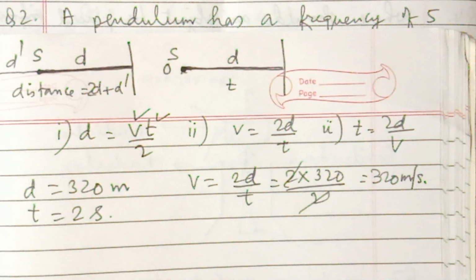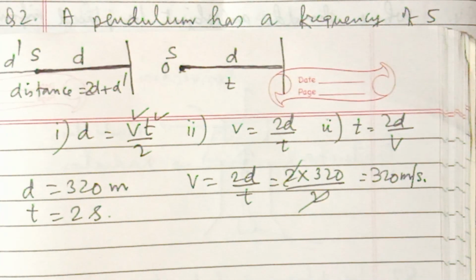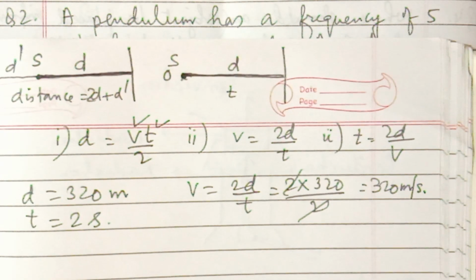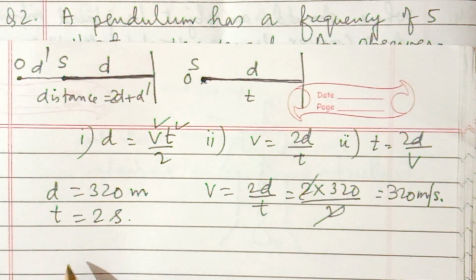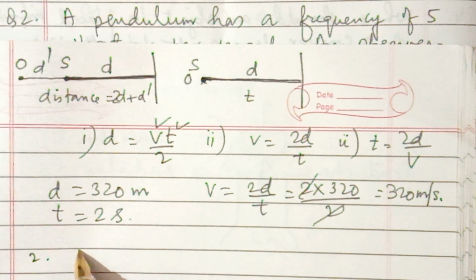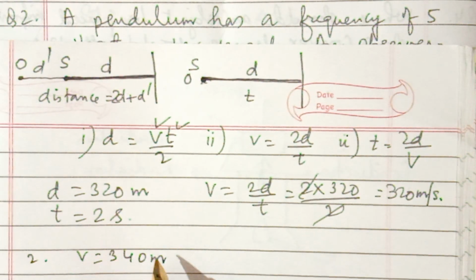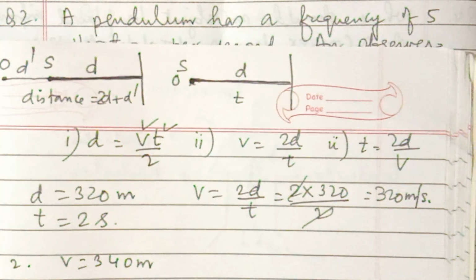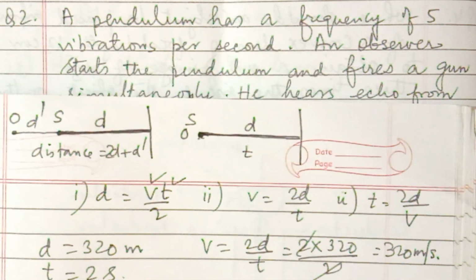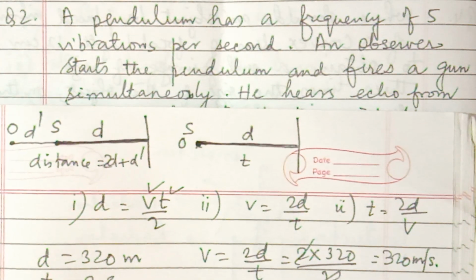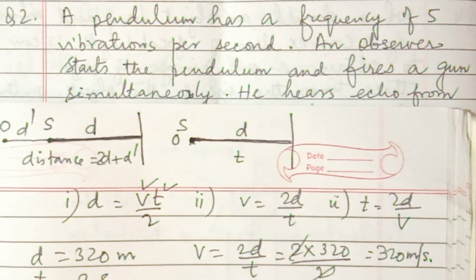So you need to know V and T. Now V is given in the question, 340 meter per second, but time is not given directly. So I'll write V is 340 meter per second, and time is given, but in terms of the time period of the pendulum, time taken by the pendulum.